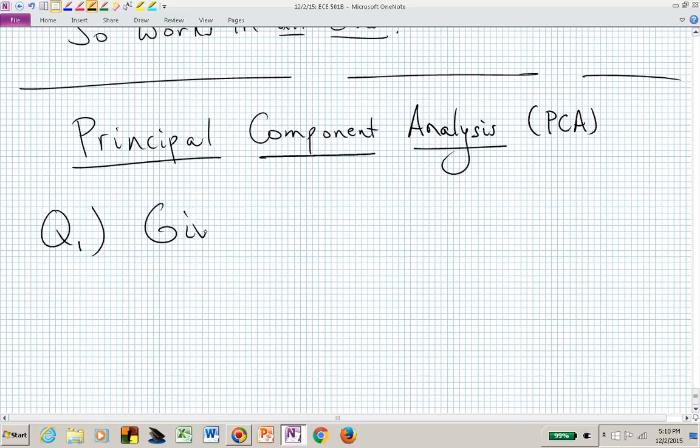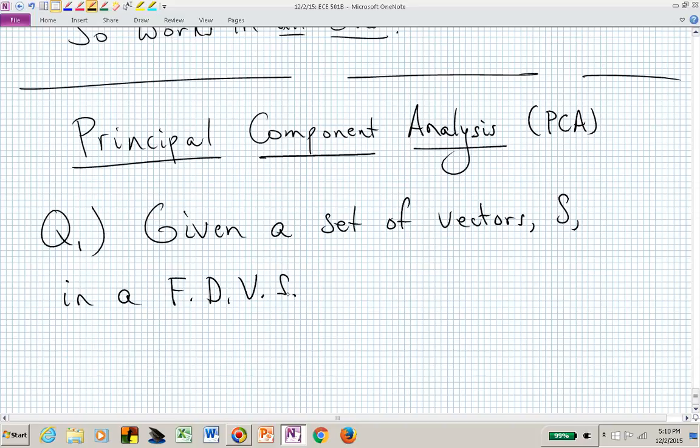Question. Suppose we are given a set of vectors. Maybe we call those S, so don't get these confused with the previous S that I was using to be this diagonal matrix. This is now just a set of vectors X, S, in a finite dimensional vector space, which we'll call capital V, with the dimension of that vector space being n.